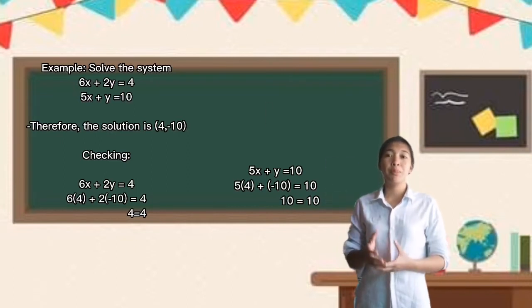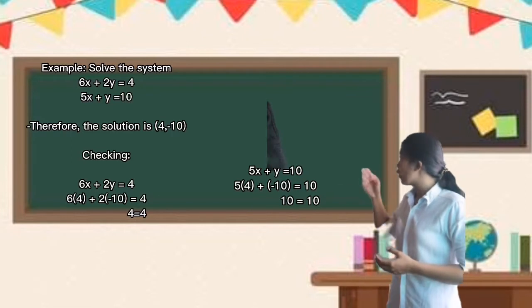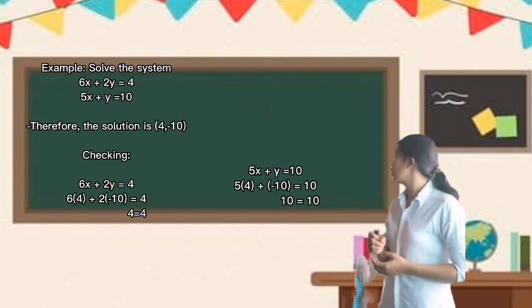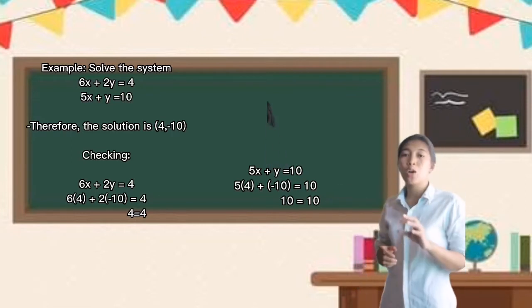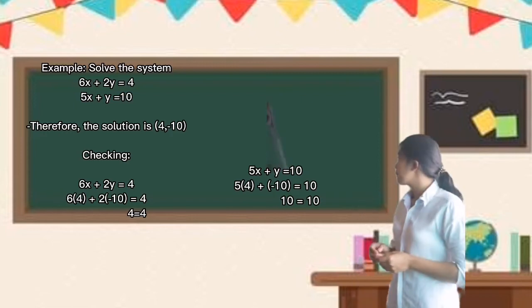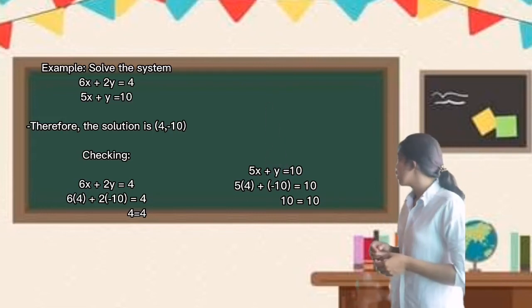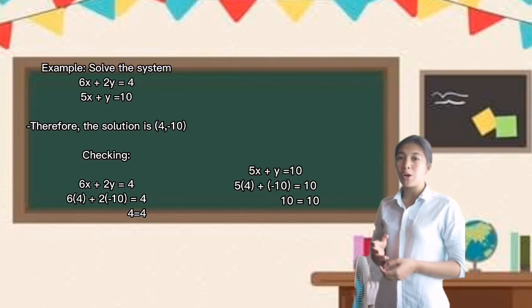So, this would be the ordered pair to know if the equation is true or false. Let's try equation number 1. Equation number 1 is 6x plus 2y is equal to 4.